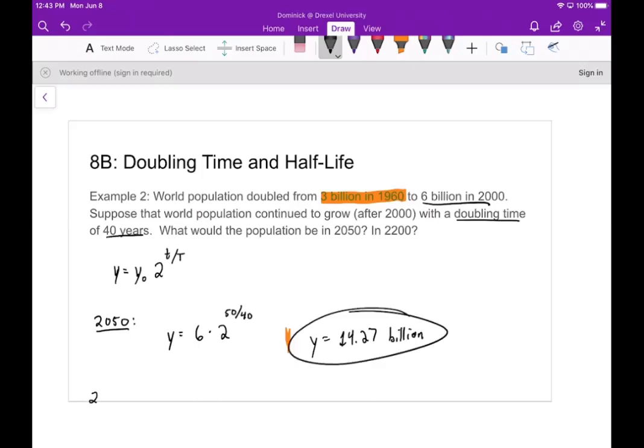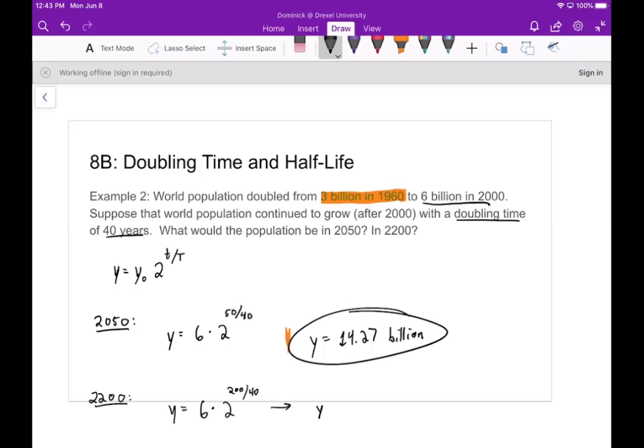Now if we do the same thing for 2200, y is equal to, and I'll start at 2000 again, just so it'll make our t value nice. We're going to get 6 times 2 to the, now how many years is it from 2000 to 2200? Well, it's 200 over 40.